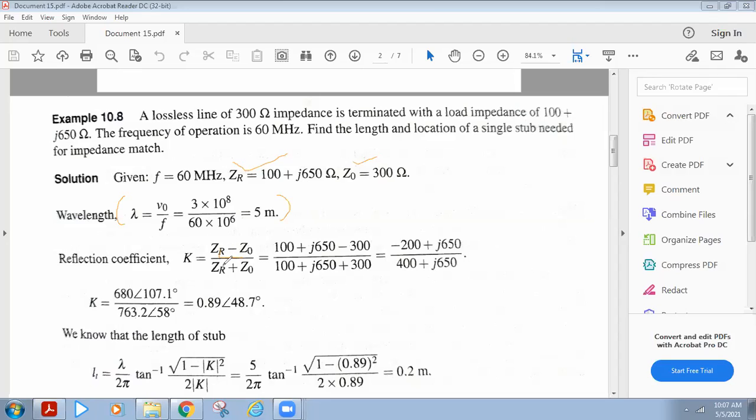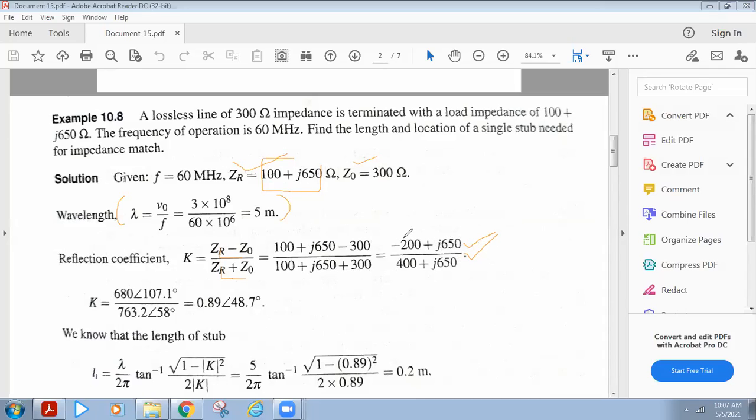That is (100 plus j650 minus 300) by (100 plus j650 plus 300). On simplification we get (minus 200 plus j650) by (400 plus j650), to be converted into polar form.